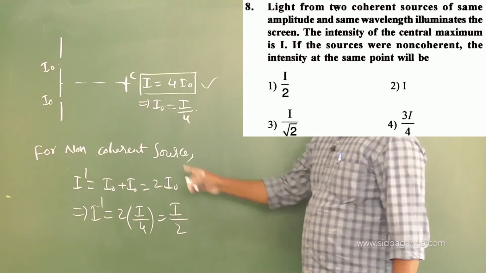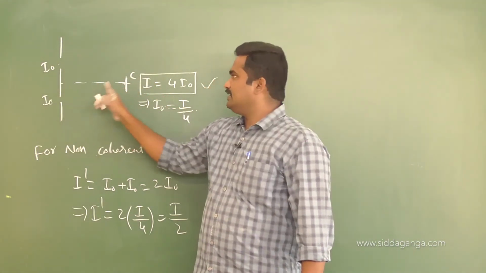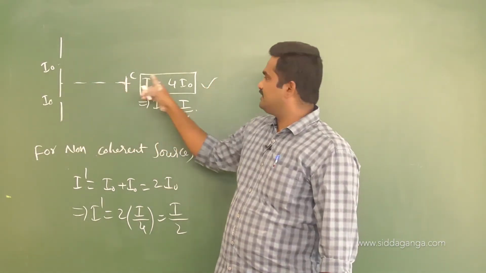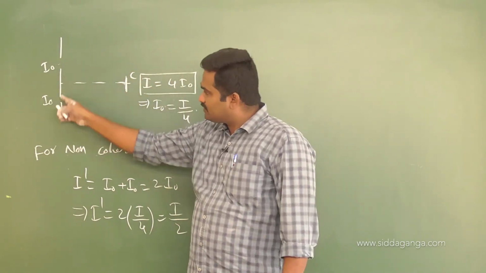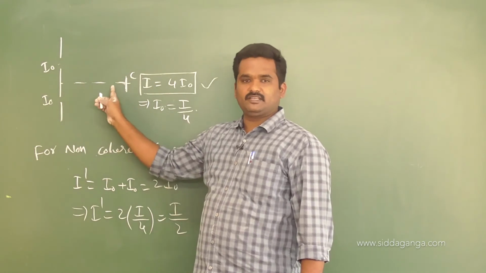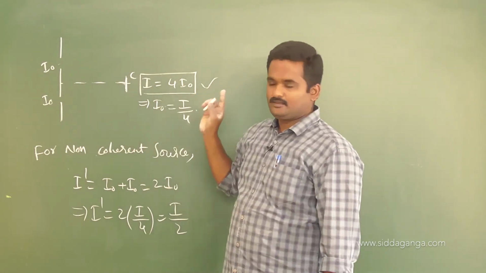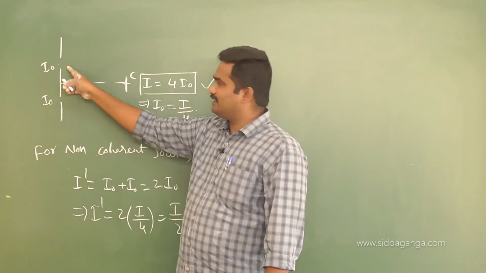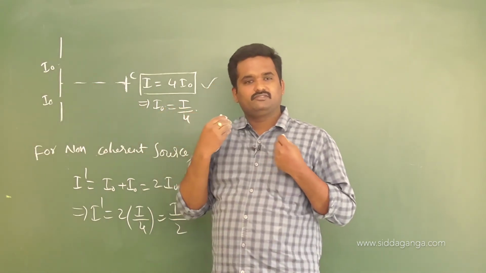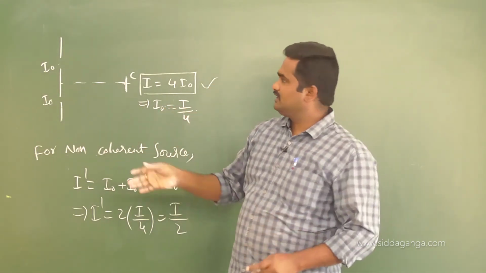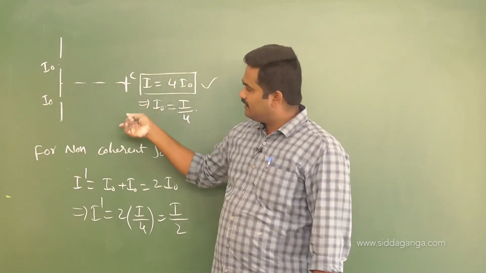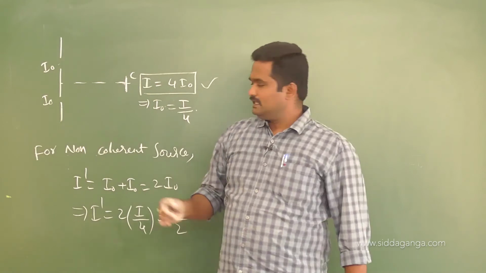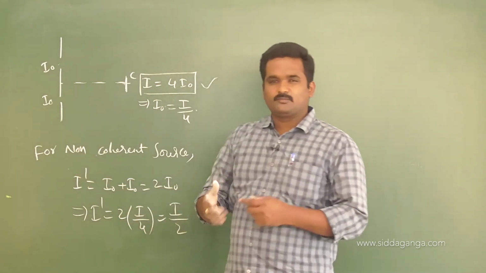See once again, if two sources are coherent, at the central maxima the intensity is 4 I naught, when both are I naught and I naught and they are coherent. Interference has taken place, that's why it is 4 I naught. But if they are non-coherent, there is no question of interference itself. If interference is not there, it is not 4 I naught at the central bright. It is just superposition of two waves.